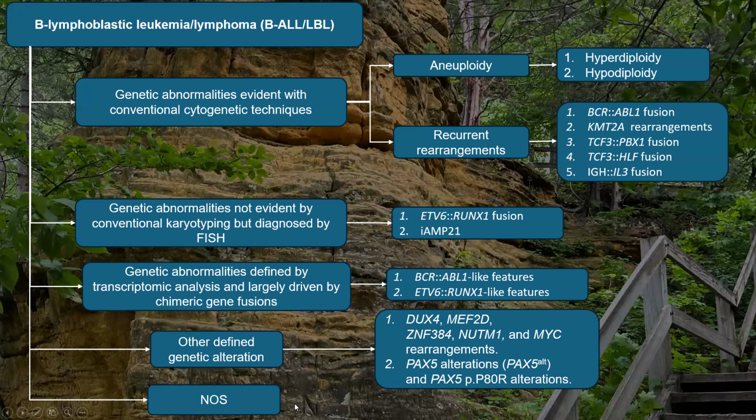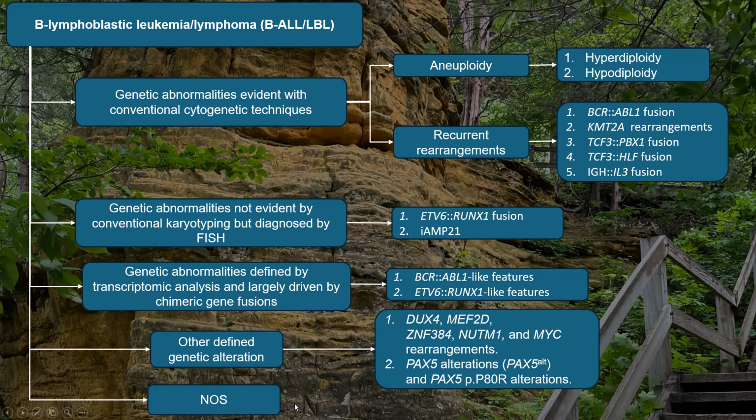If you are unable to do a full workup for whatever reason, then in that case, we call it B-lymphoblastic leukemia lymphoma, not further classified. And we make this diagnosis to differentiate it from B-lymphoblastic leukemia lymphoma, NOS, in which you did all the workup and all the workup was negative.